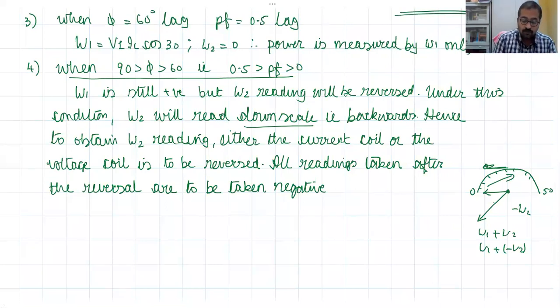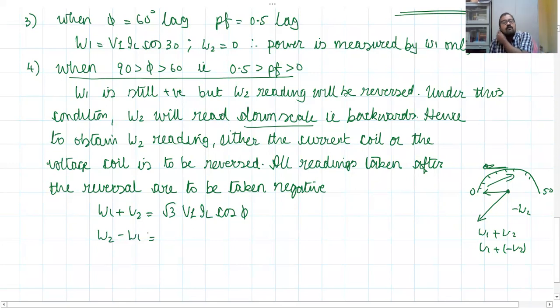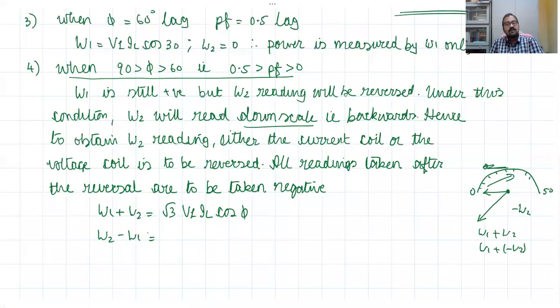Now, we know that W1 plus W2 is root 3 VL IL cos phi. What will be W2 minus W1? W1 is VL IL cos(30 minus phi), and W2 is VL IL cos(30 plus phi). When you add the two, you get root 3 VL IL cos phi.